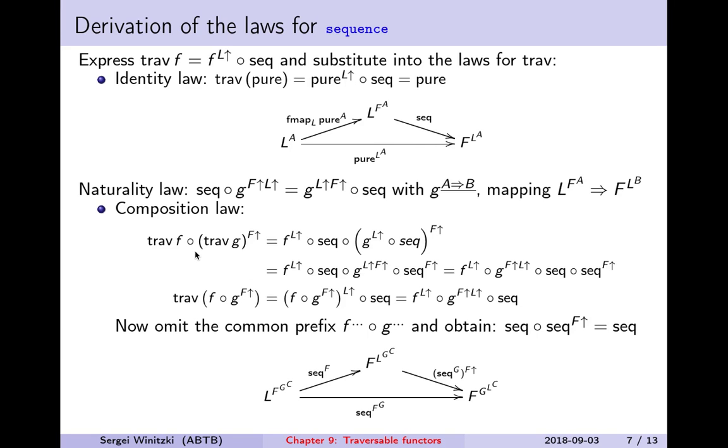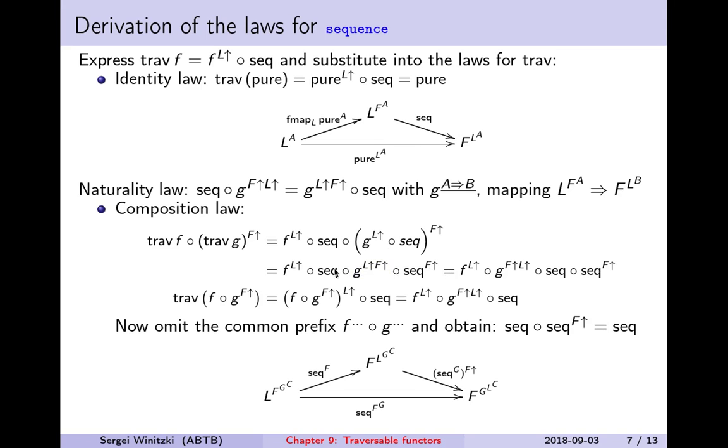So now let's look at the composition law. We need a bit more work about it. The traversal of f followed by the traversal of g lifted. So let's substitute the definition of traversal, and then we get this formula. Now we can decompose the lifting of composition by the functor law, so we can get it like this.